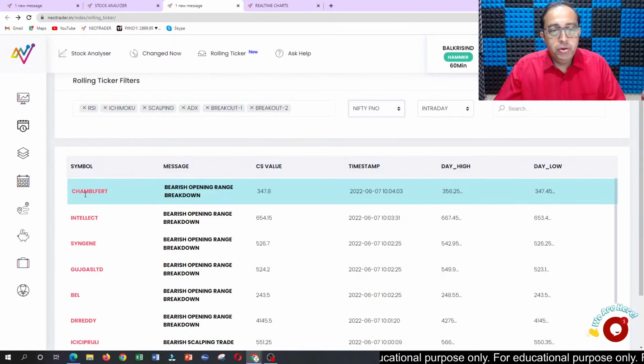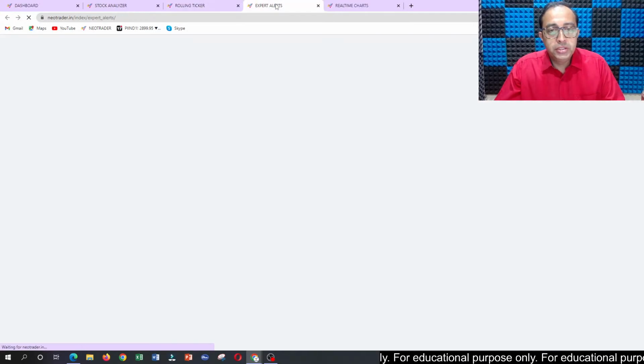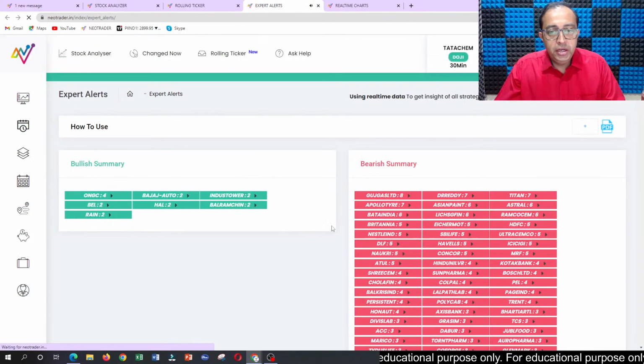So when you get a stock name here, the best way to certify would be through expert alerts. When you get a name here, you can go into expert alerts and check out the stock with the highest count.